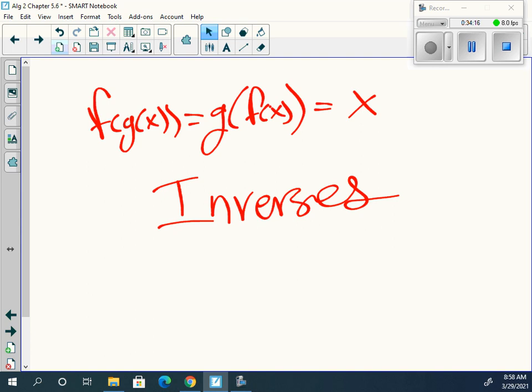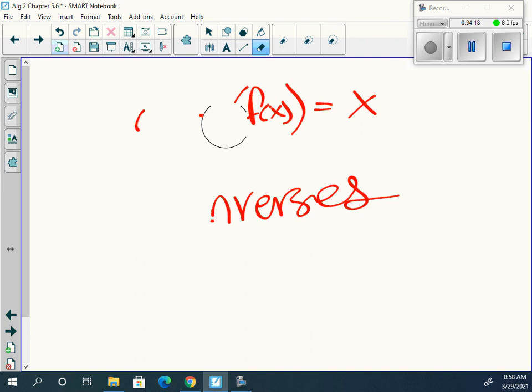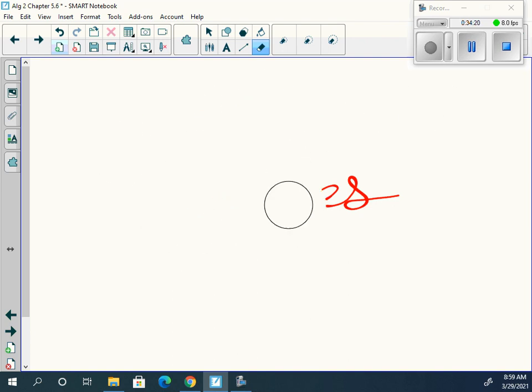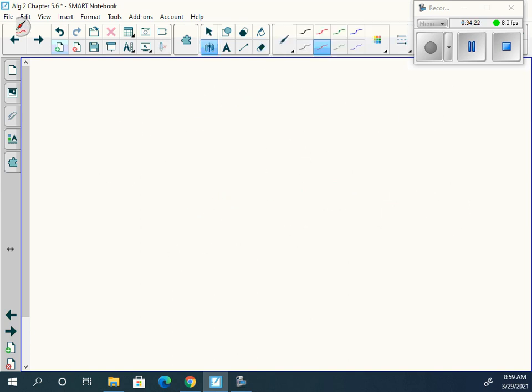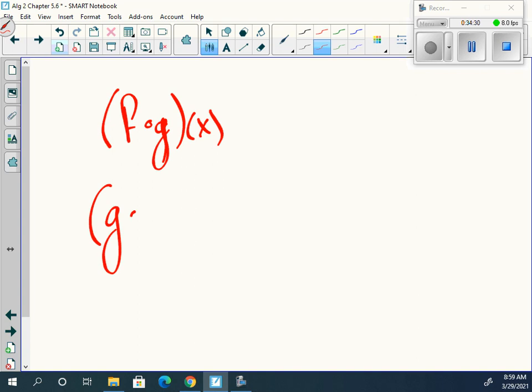Before we officially wrap this up for the day, there's one notation that they didn't include here that you'll sometimes see. It looks like this: a little open circle.